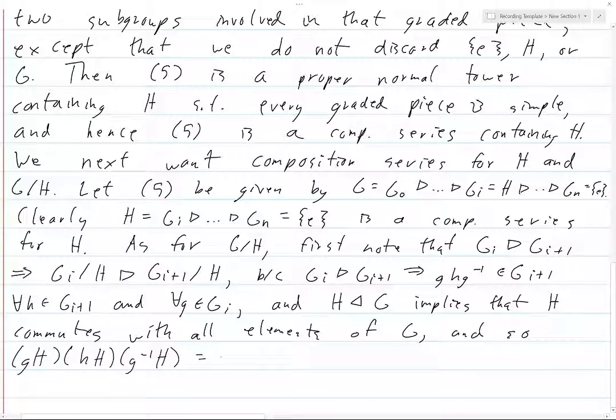We can basically commute these h's past the other elements and just end up with g h g inverse, and then we'd have H cubed over here. But H is a subgroup, so H cubed is just H. And so, because g h g inverse is in G_{i+1}, this is going to be in G_{i+1} H, for all h in G_{i+1} and g in G_i.